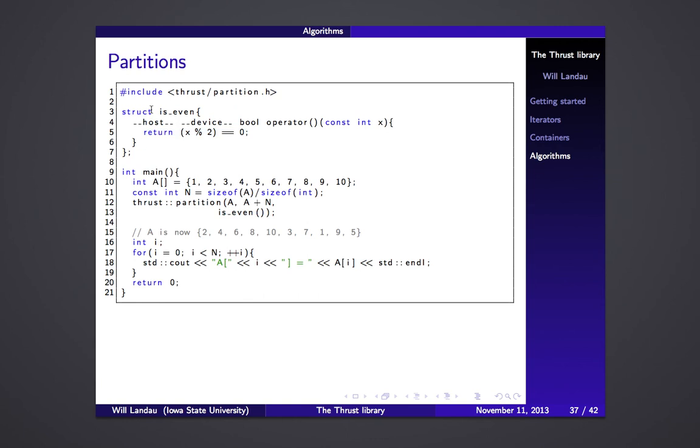So I'm going to use this function isEven in the code. And how it works is the following. Here's my main function, and A is going to be this array from 1 to 10. By the way, I can use host arrays directly, like A, in these functions, but they're not going to be GPU accelerated.